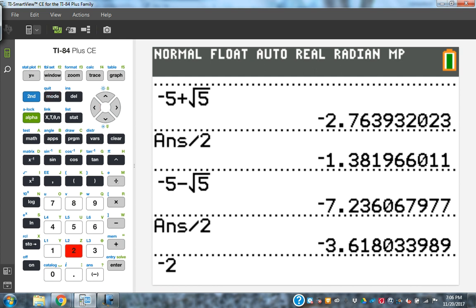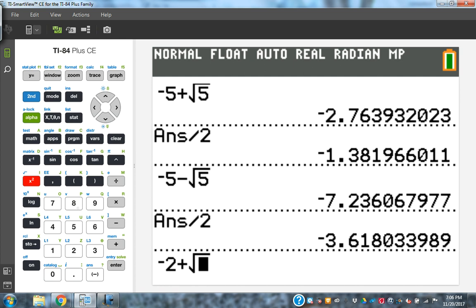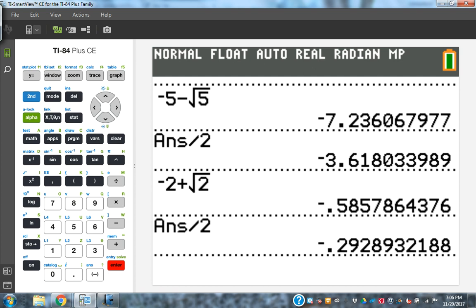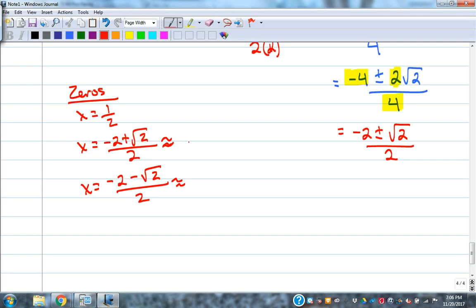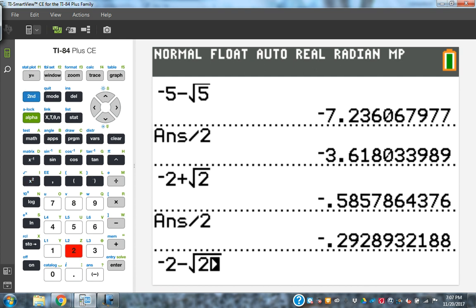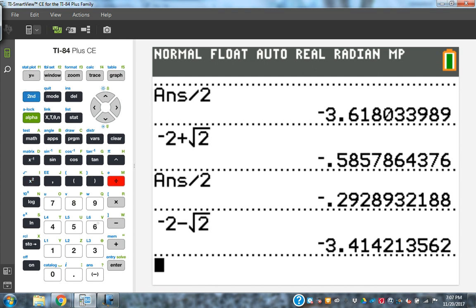Negative 2 plus the square root of 2, divided by 2. Negative 0.29. And negative 2 minus the square root of 2, divided by 2.